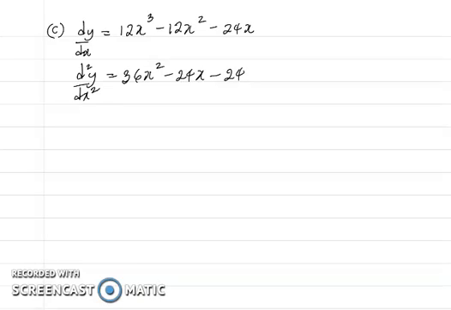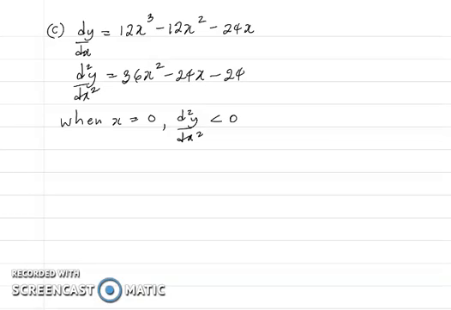So the next thing I'm going to say is when x is equal to 0, d2y by dx squared would be equal to minus 24, which would make it less than 0.